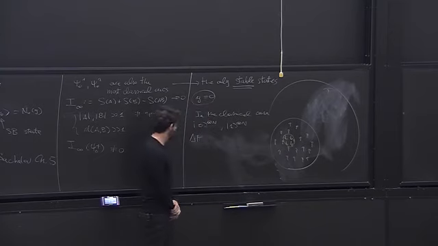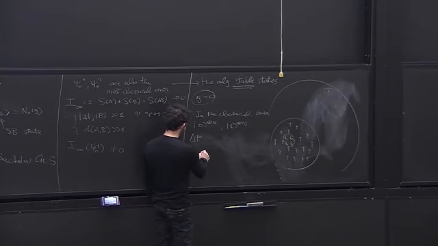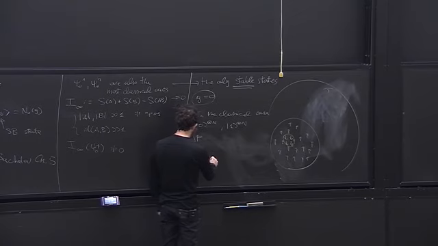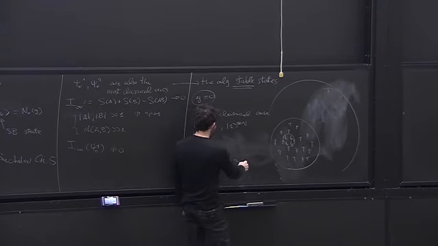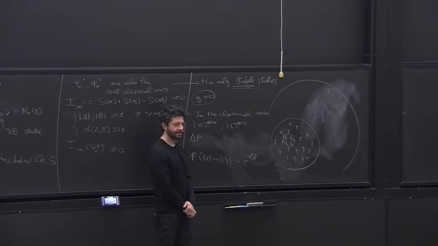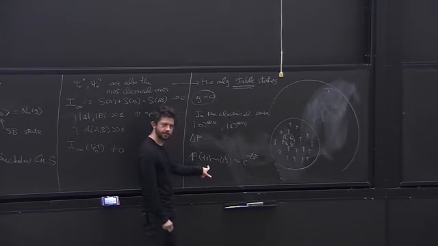In fact, being a stochastic process, the probability of going from configuration 1 to configuration 2 goes like e to the minus delta F, where this is the difference in free energy between configuration 2 and configuration 1.